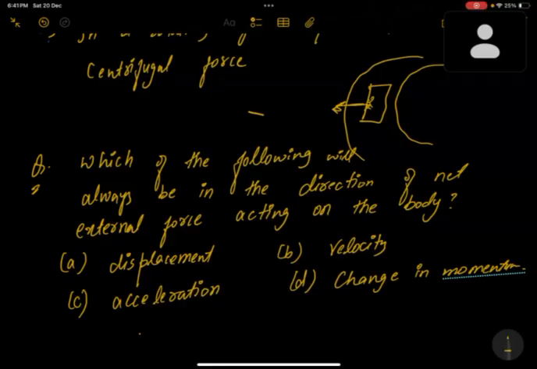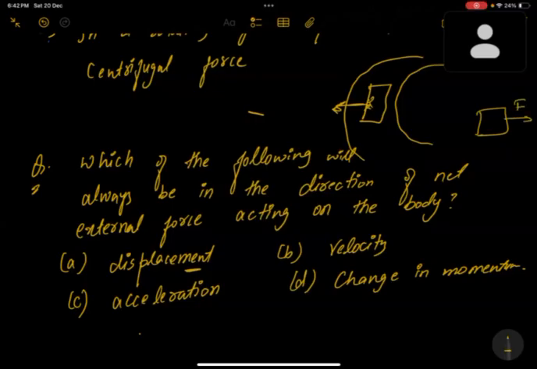Ma'am, can you explain the question again? Question is, which of the following will always be in the same direction as the net external force acting on the body? Let's say an object and its net force direction is this.